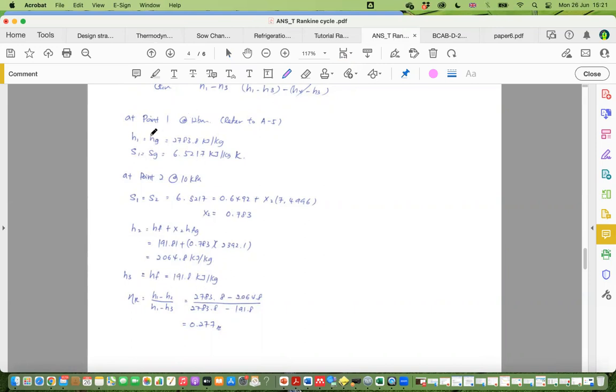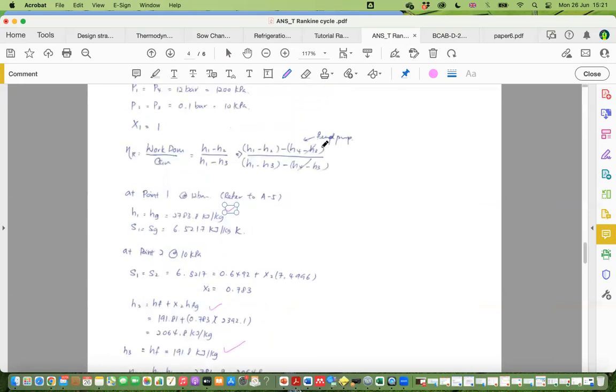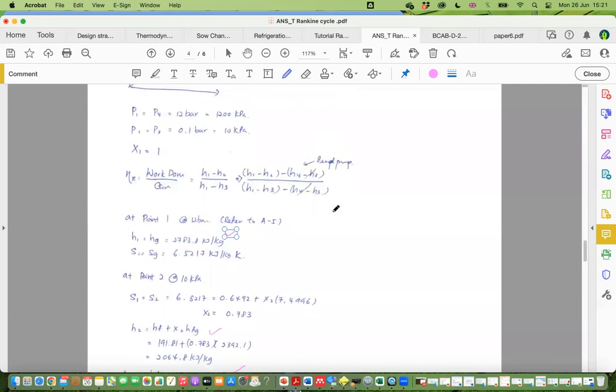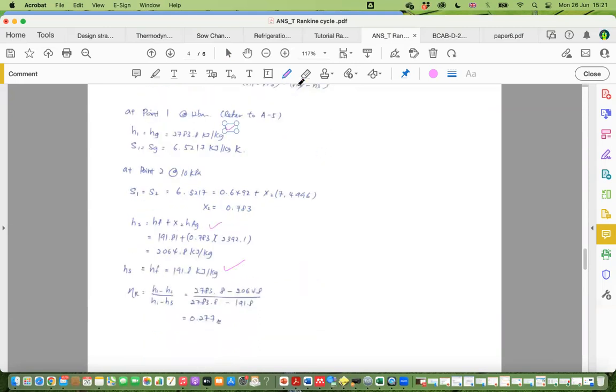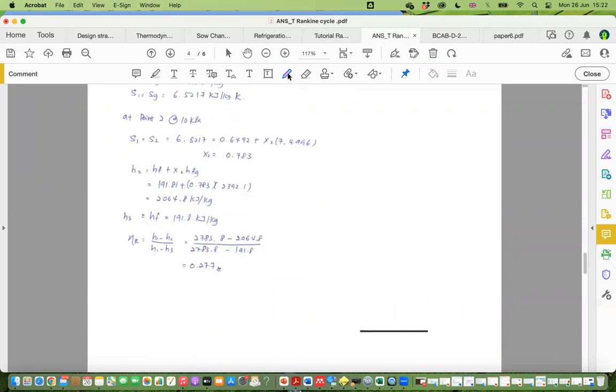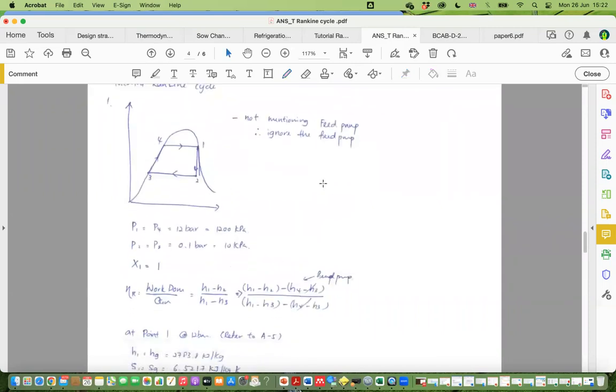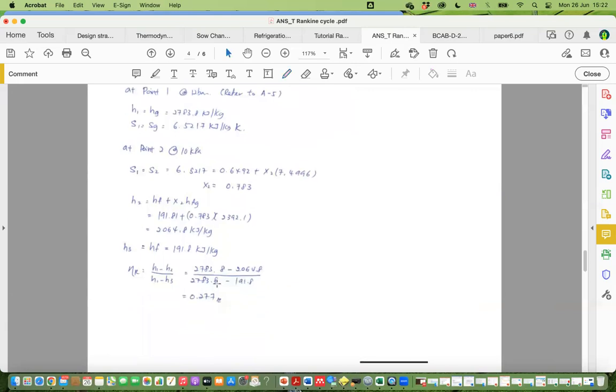So now you have h1, h2 and h3. Remember that I mentioned we ignore the feed pump, so we can use this equation, and we have everything. Plug in all the values, and you can get your efficiency.